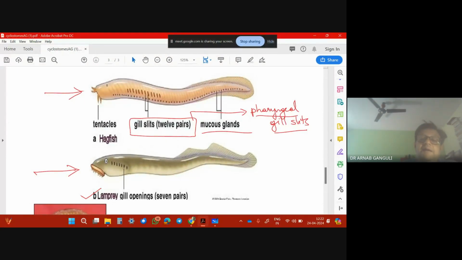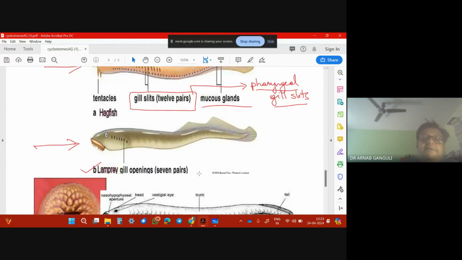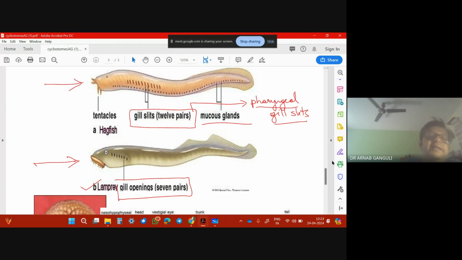And lampreys have 7 pairs. Another thing is that hagfishes have got tentacles. In lampreys, no tentacles.